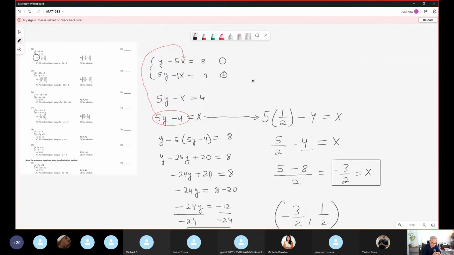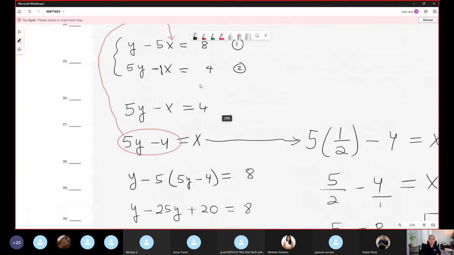The big idea, the central idea for the substitution, is detecting in one equation a coefficient in one variable that is 1 or -1. In our specific example, I can see the coefficient in equation 2 is -1 here, right?